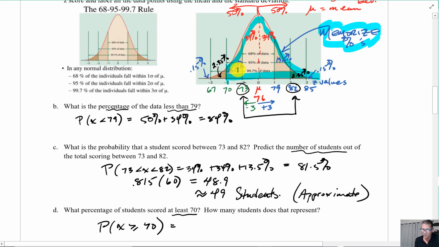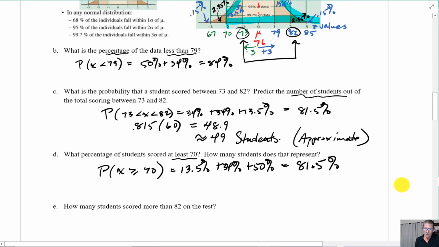But let's just add it up individually to see if it makes sense. From left to right, 13.5% plus 34% plus the right side, which is 50%, gives 81.5%. So it's the same value as before. That is just a coincidence, by the way.